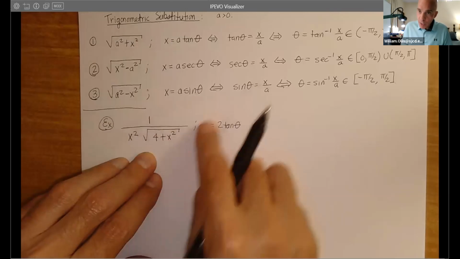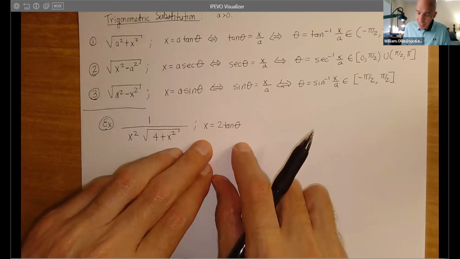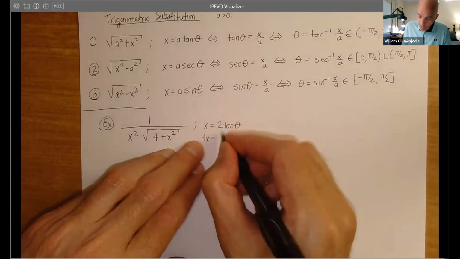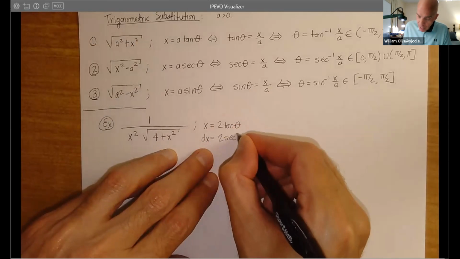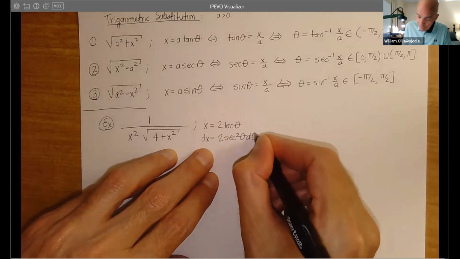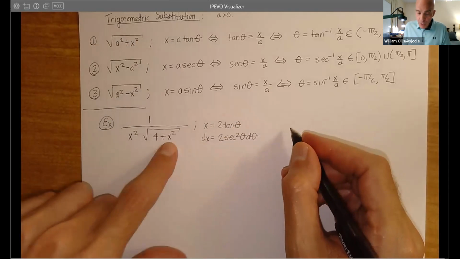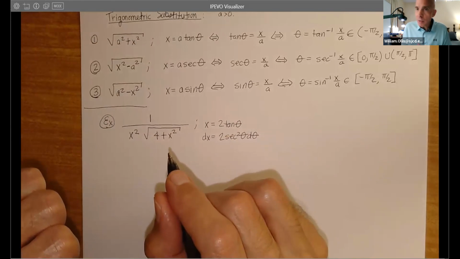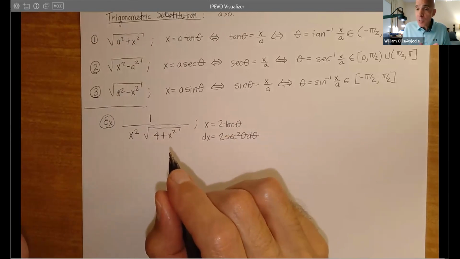So that's going to transform this, but why would you be interested in this? Well, when you take calculus, you'll take the differential, and that'll be 2 secant squared d theta. And then you'll substitute all of this doing what they call a miscellaneous transformation. And that's going to produce a trig integral.